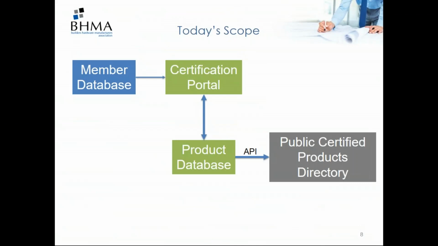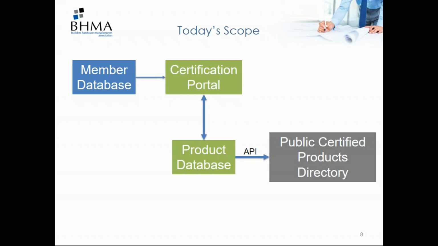So I just want to review a couple of basics about the CPD database. It has several different components that all work together in order to allow the CPD to work as it should.